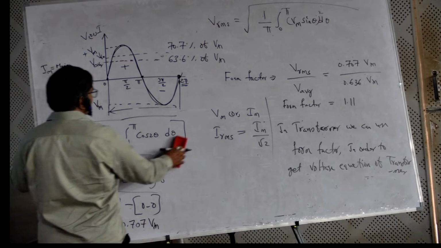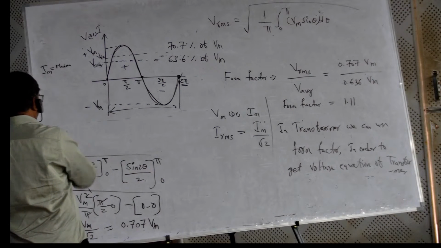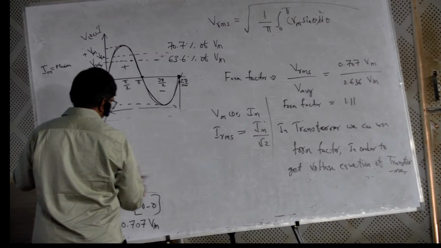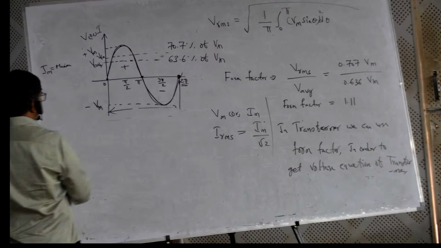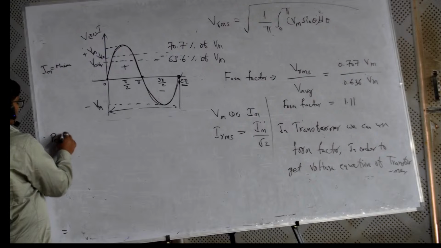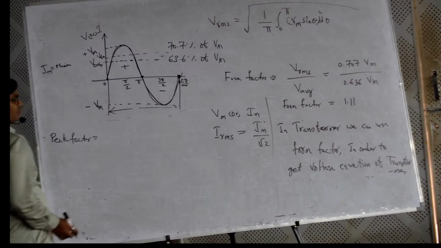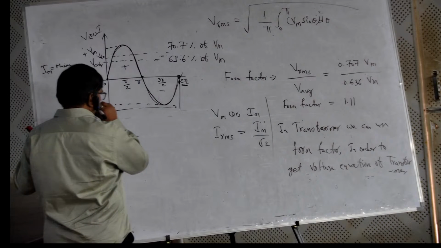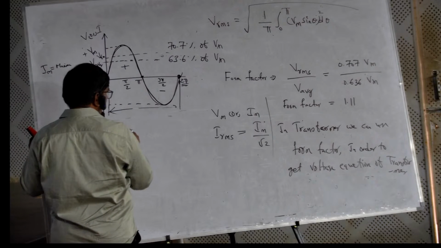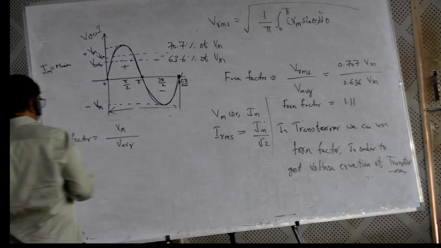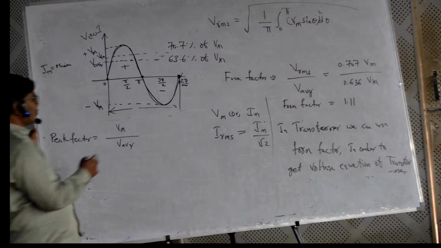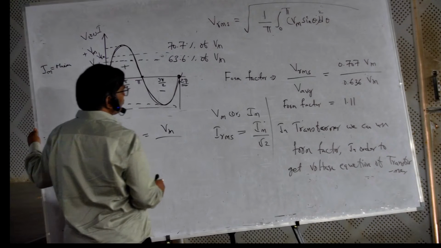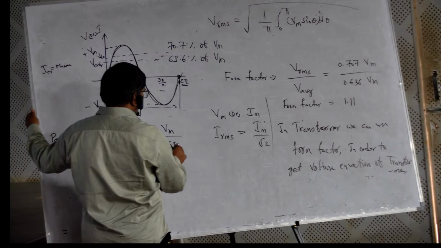Peak factor is the ratio of maximum value to the average value. The average value is 0.636 Vm.